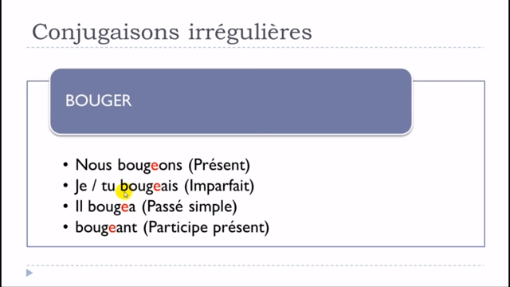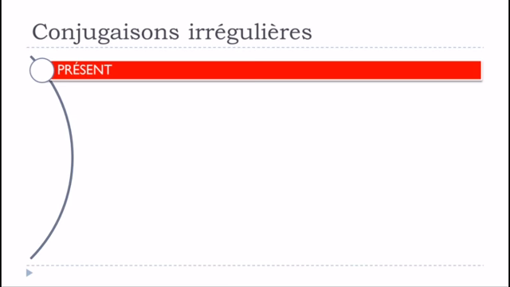Je bougeais, tu bougeais. All right. For the passé simple, it will be exactly the same thing. I did put this il, but we'll see that other persons are concerned as well. Il bougea. Okay. So exactly the same thing here for the participe présent. So we will get bougeant.